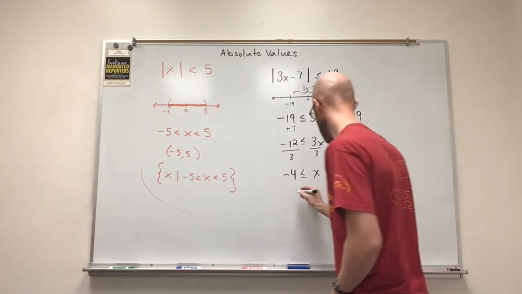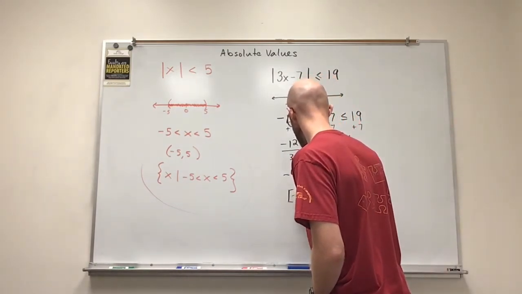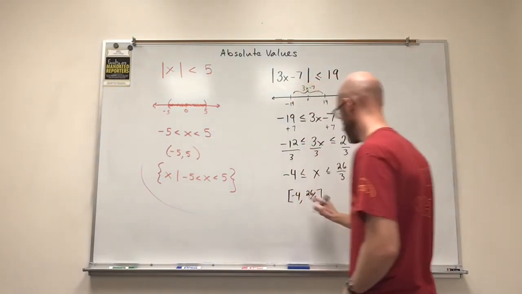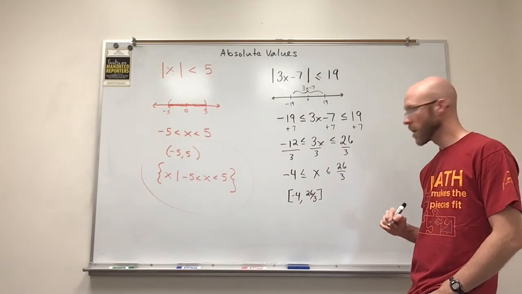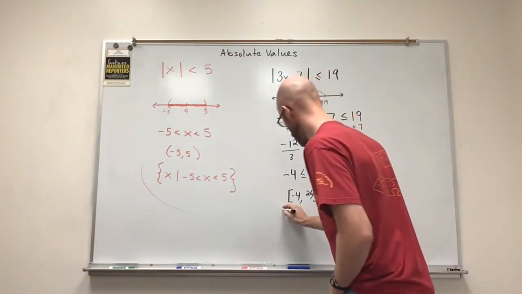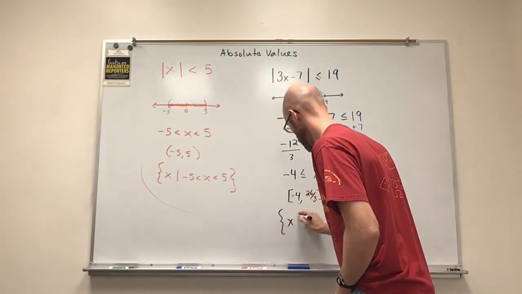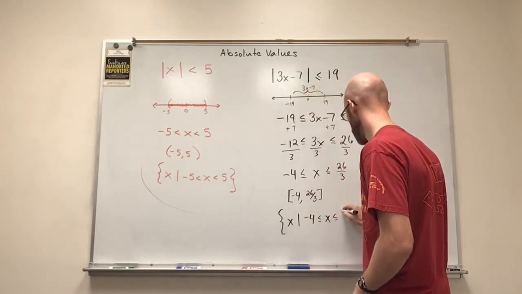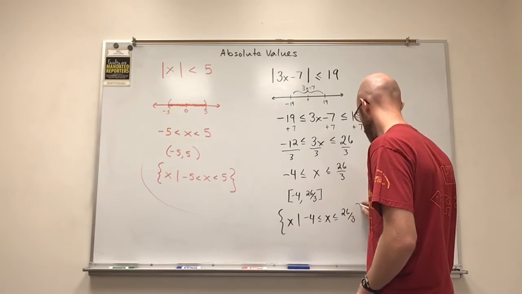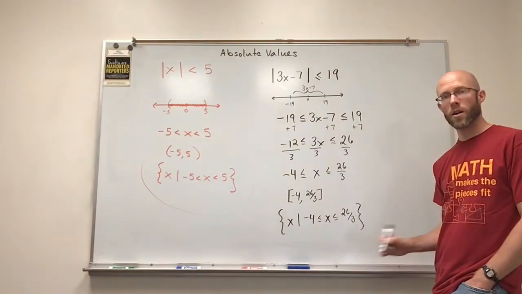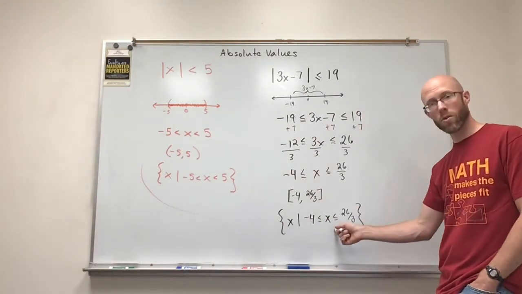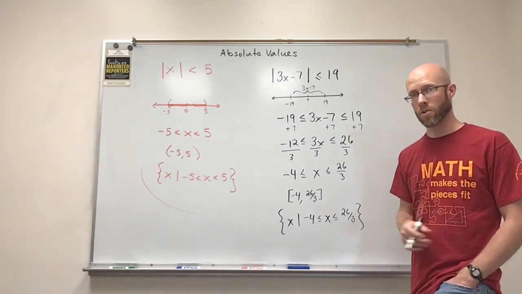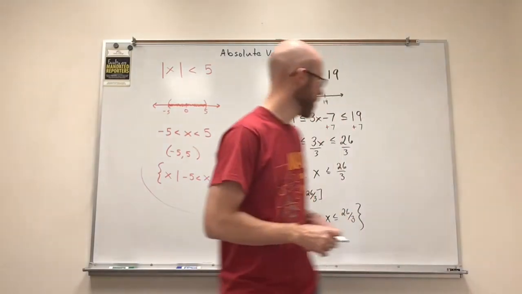Again, the interval form, which would be negative 4 comma 26 thirds with brackets on either side, or in set form, x such that negative 4 is less than or equal to x, which is less than or equal to 26 thirds. Okay, so again, either the interval or the solution set would be sufficient here, depending upon what the instructions ask you for.